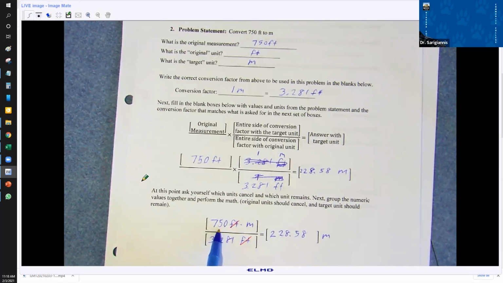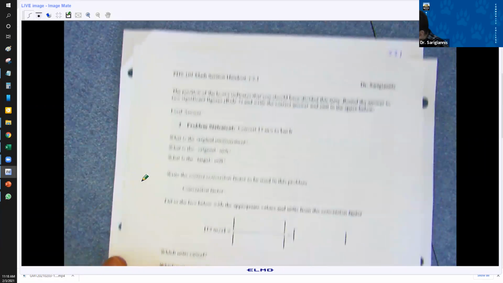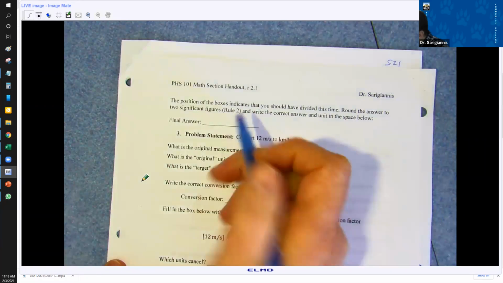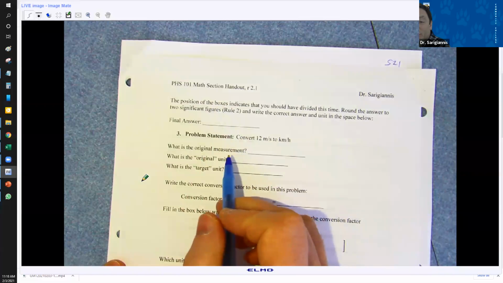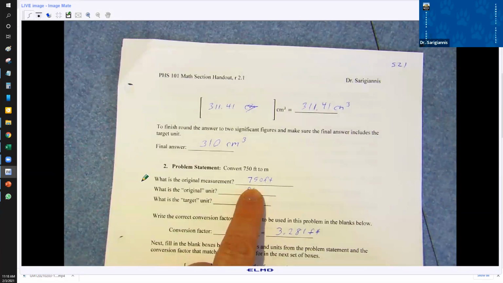So we've got 2 significant figures in our original measurement, so we're going to round the answer to 2 significant figures. That's rule number 2: whole number without a decimal point.